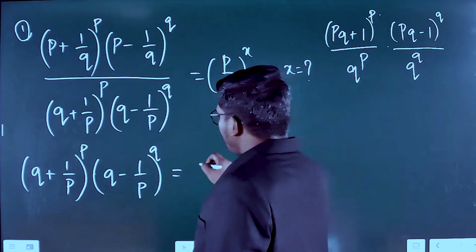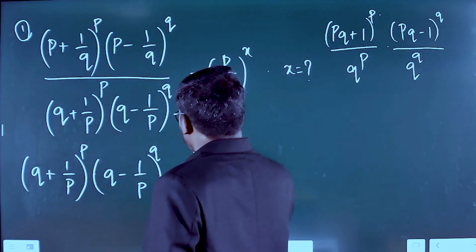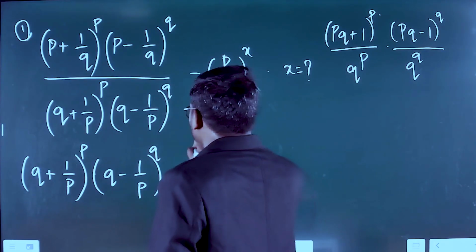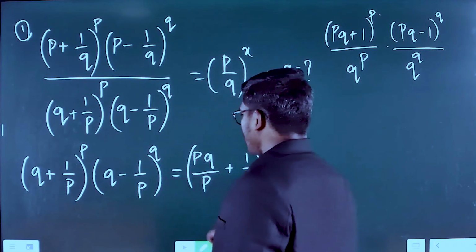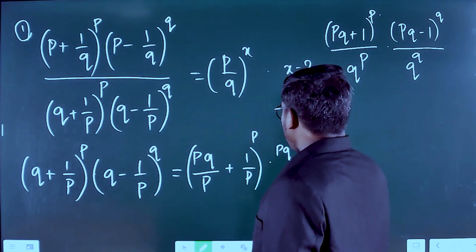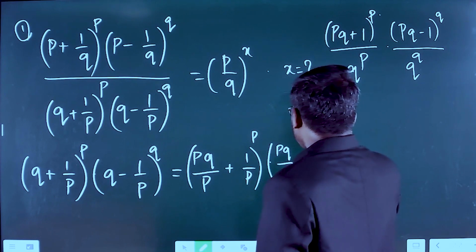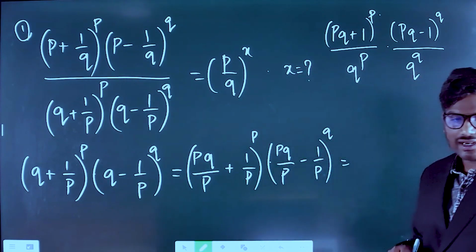Now, Q, I'll write it as PQ by P plus 1 by P whole power P into PQ by P minus 1 by P whole power Q. Right?